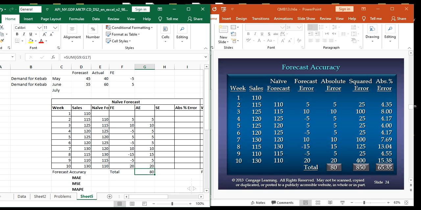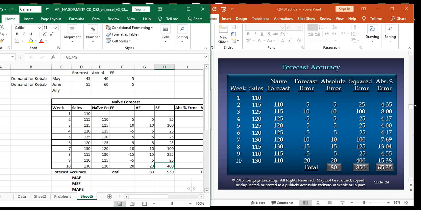Now we have squared errors. So to the power of 2, we make squared errors equal this one to the power of 2, 25. We drag this down up to here, and then drag this to the right.